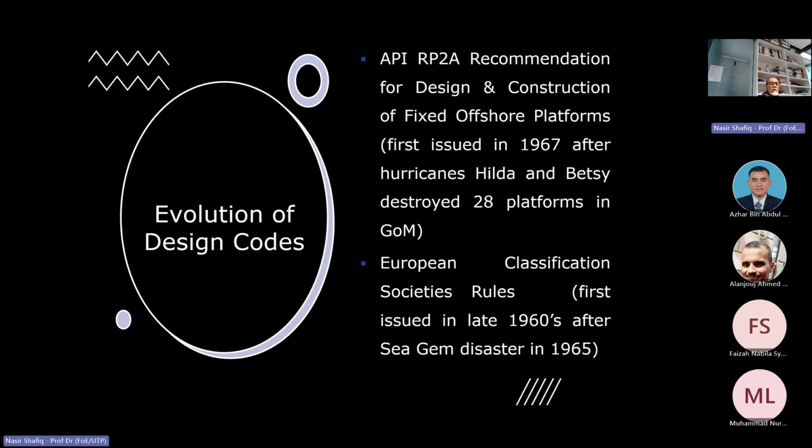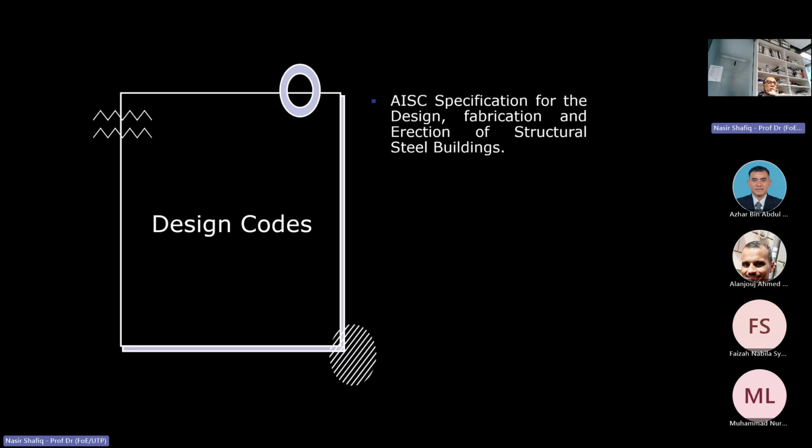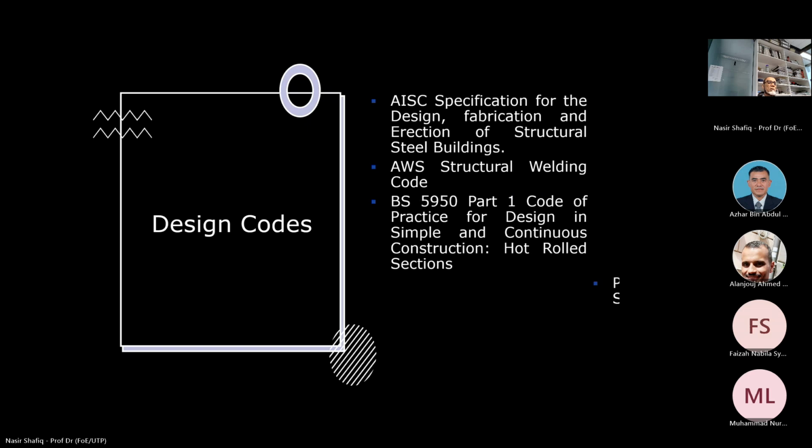European classification society rules were first issued in the late 1960s after the Sea Gem disaster in 1965. So those are some evolutions.